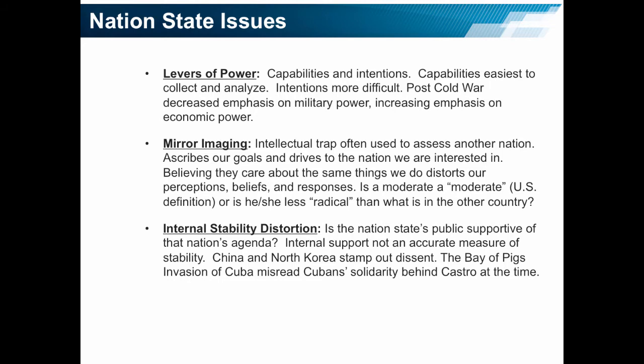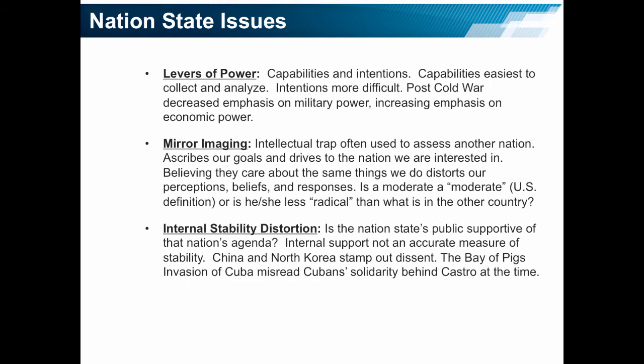For example, a person the US sees as a moderate may be viewed as a radical in other nations, and vice versa. What may be a radical in other nations may be viewed as a moderate in the US.